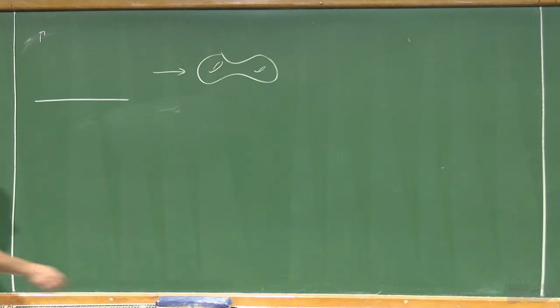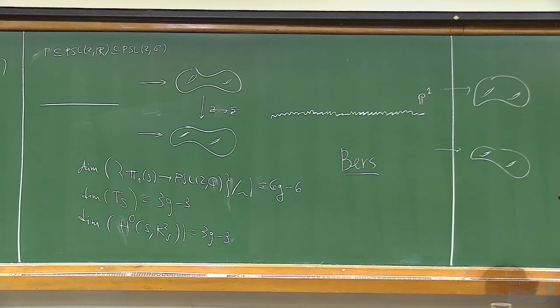So what happens is that if I deform my group by fixing the complex structure on one factor, say the upper one, so I will deform my group preserving the complex structure there.